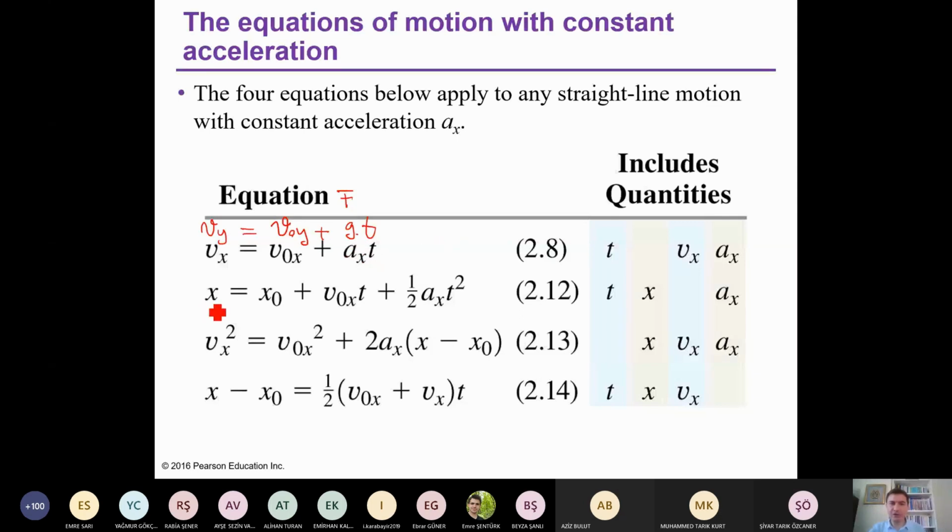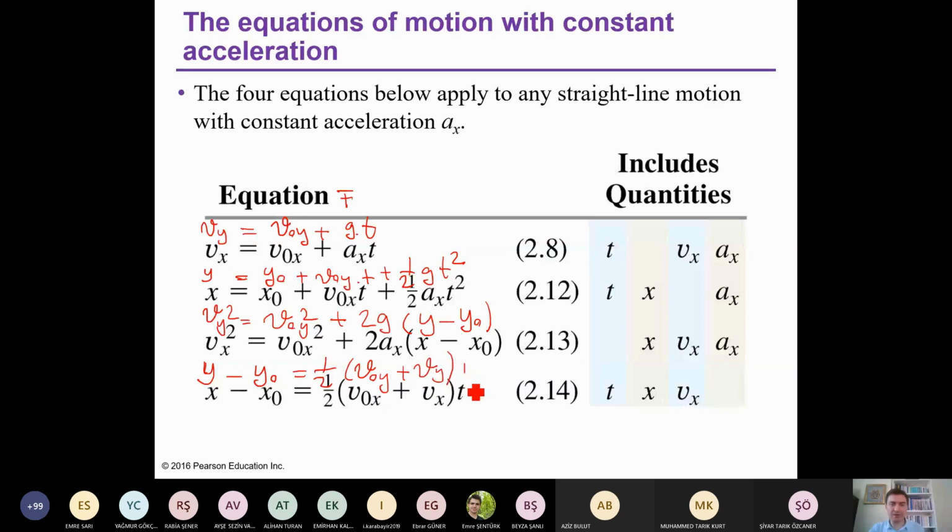So look at this one. You can also use this equation for free fall. Now, instead of x, y equals y_0 plus v_0y t plus one half g t squared. Instead of acceleration, I use g. This is constant. And here v_y squared equals v_0y squared plus 2g times y minus y_0. Here, instead of x, I use y minus y_0, and y minus y_0 equals one half v_0y plus v_y times t.